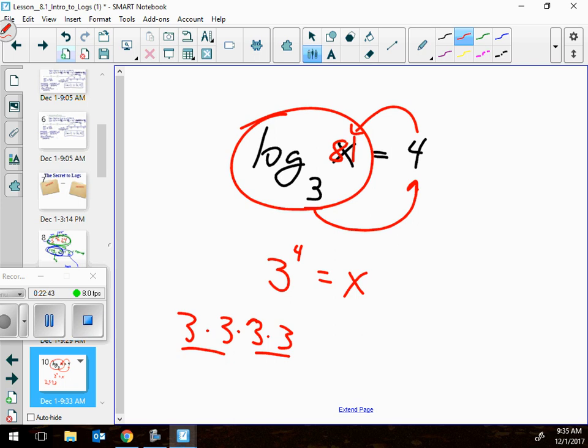Would you please verify that with your calculator right now? Just make sure you can make this go in the calculator. That's what I'm trying to say.